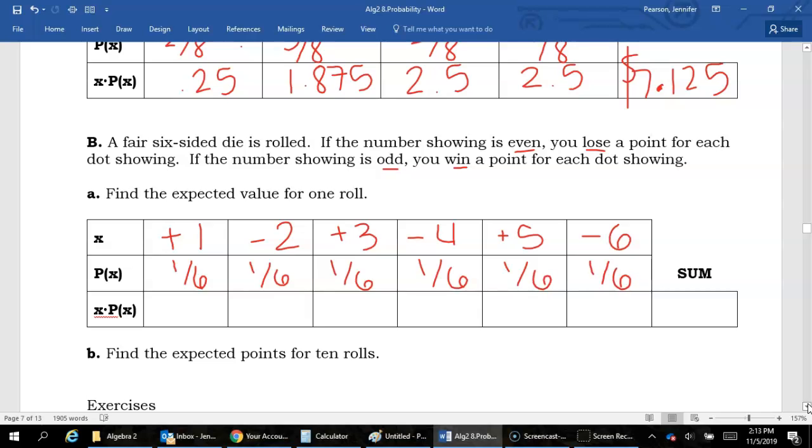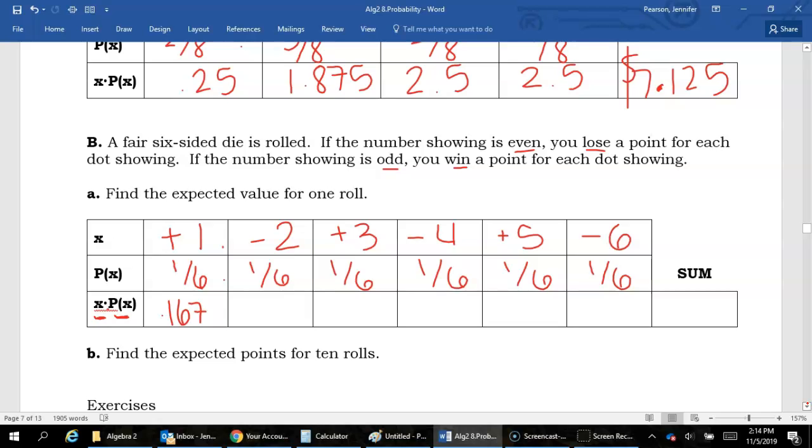Next, we need to multiply. If you forget, this is telling us we take our outcome, that's the number on top, and multiply it by our probability, that's the number in the middle, so 1 times a sixth. I think I'm going to go decimal on this one again, because it's usually easier to add decimals than fractions.